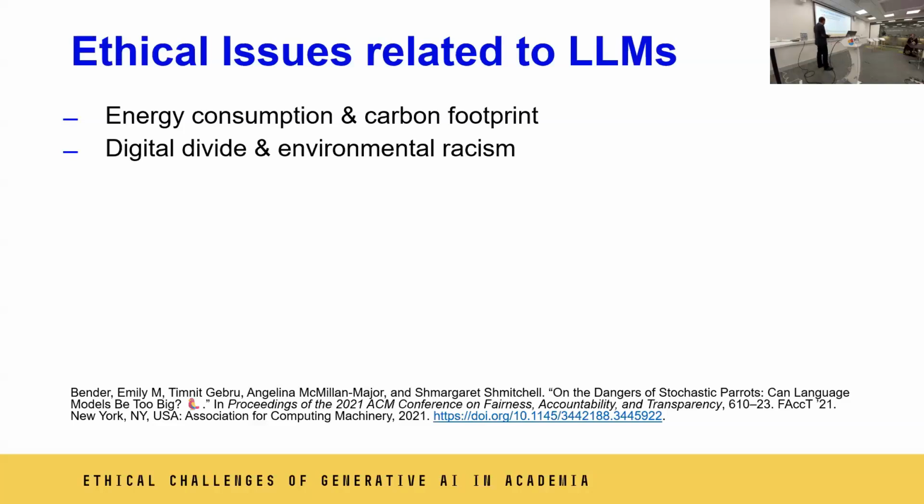And ironically, these people are those who will most suffer from the climate change and the consequences of the carbon emissions. So this is something that is called environmental racism, that the rich part of the planet uses the technology, and all the consequences, all the damages are on the poor part.